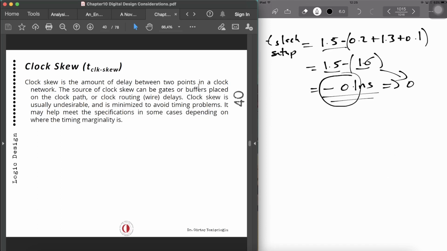Now, clock skew. If you do remember from chapter 5, when we considered master and slave, we have a couple of flip-flops or latches, okay? Q, Q, Q, clocks. Now, these are all fitting in, okay?